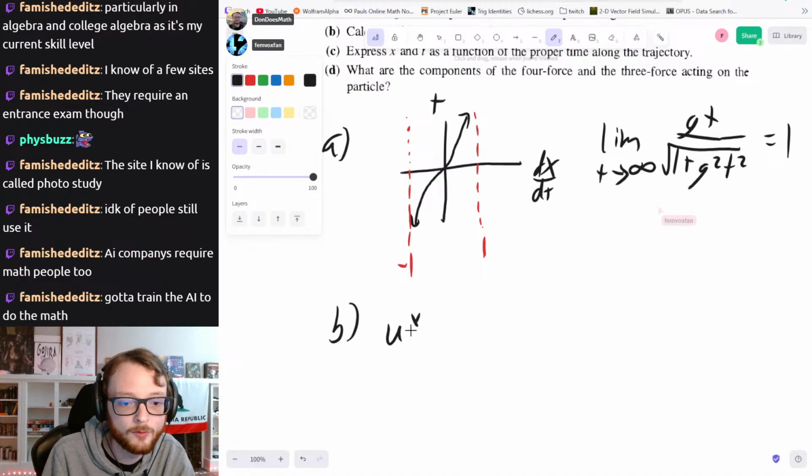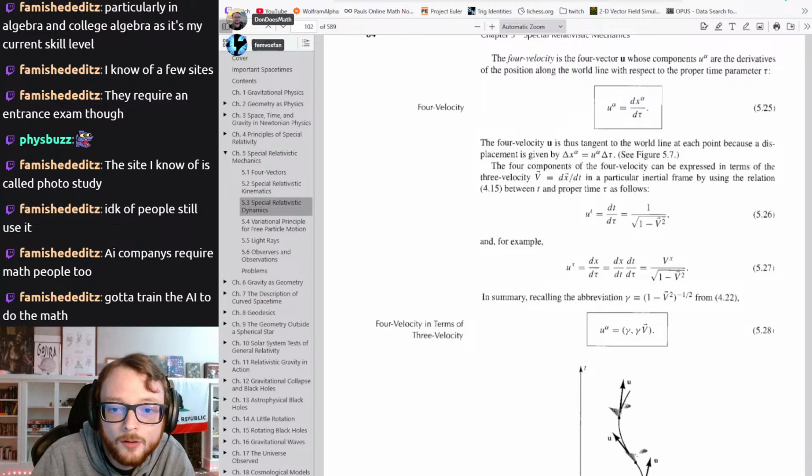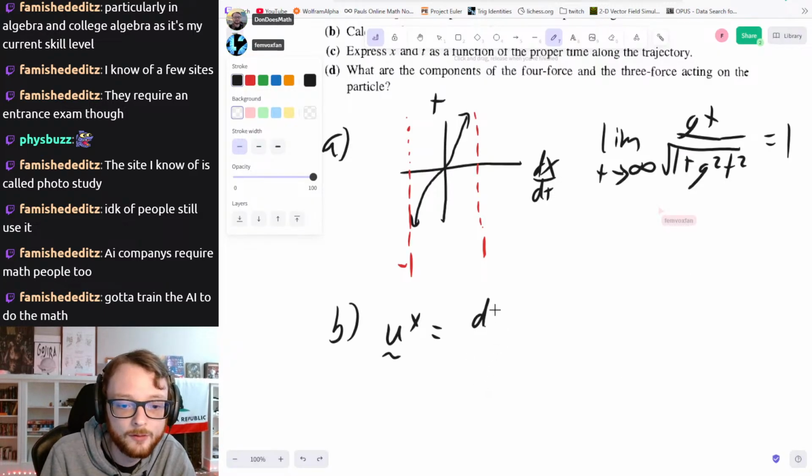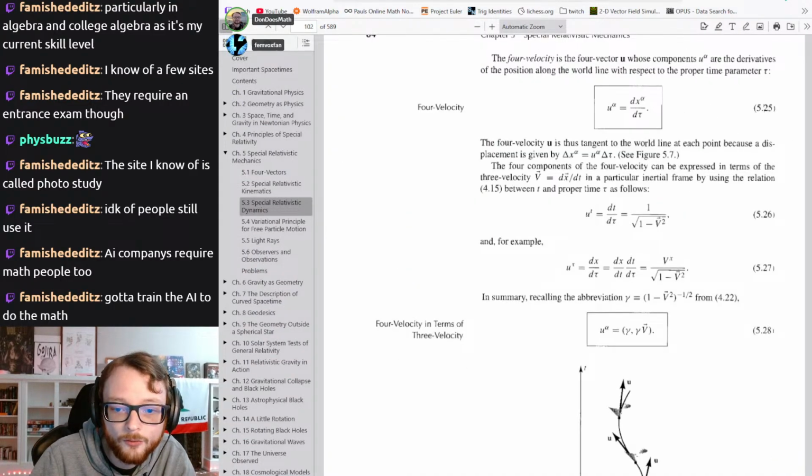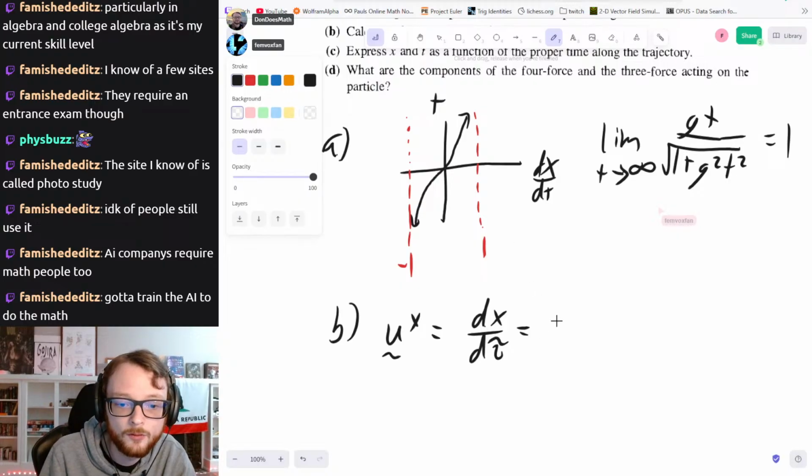So the x component of u is dx d tau, which is dx dt times dt d tau.